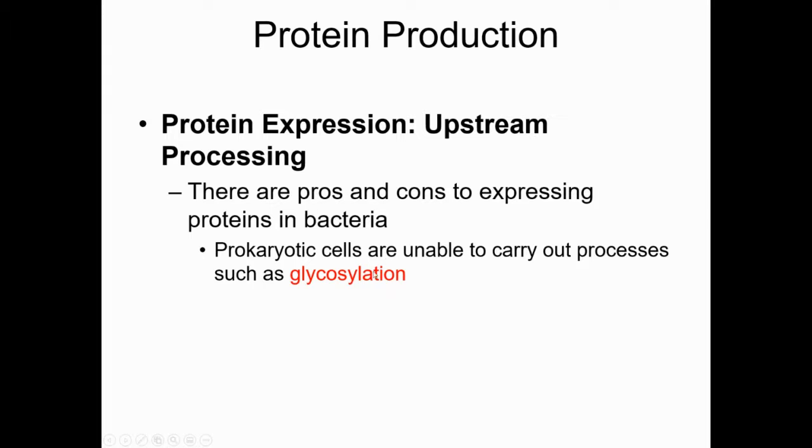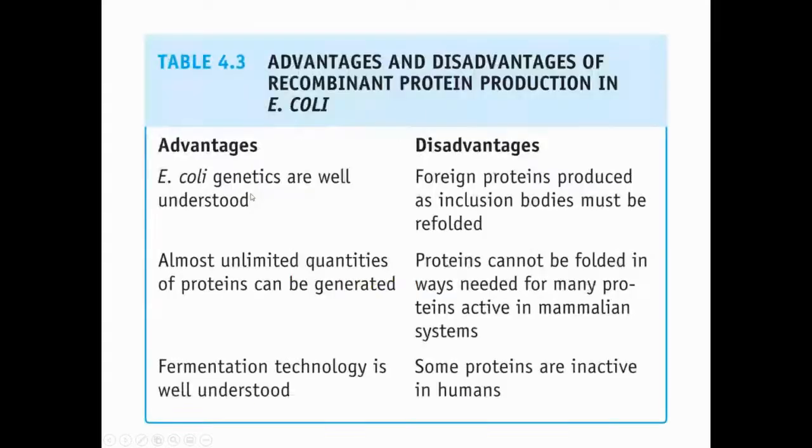And then also, of course, we discussed the glycosylation. That's very important, the glycosylation. Okay, the bacteria don't have the ability to add the sugar group to the protein. So that's one important problem for the bacteria.